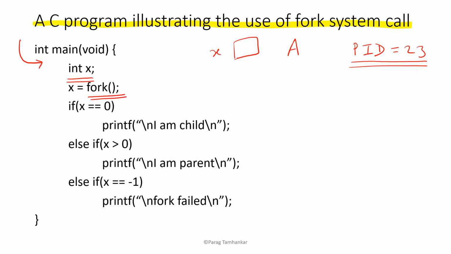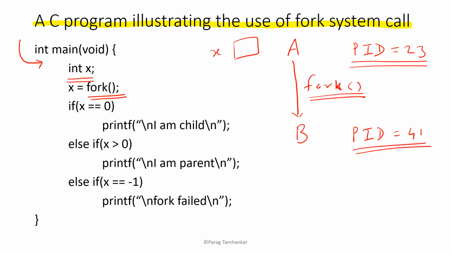Then this process A calls fork. If fork successfully completes its execution, then a child is created, say B. The child will have some PID which is certainly different from the parent's PID, because PID is unique for every process.